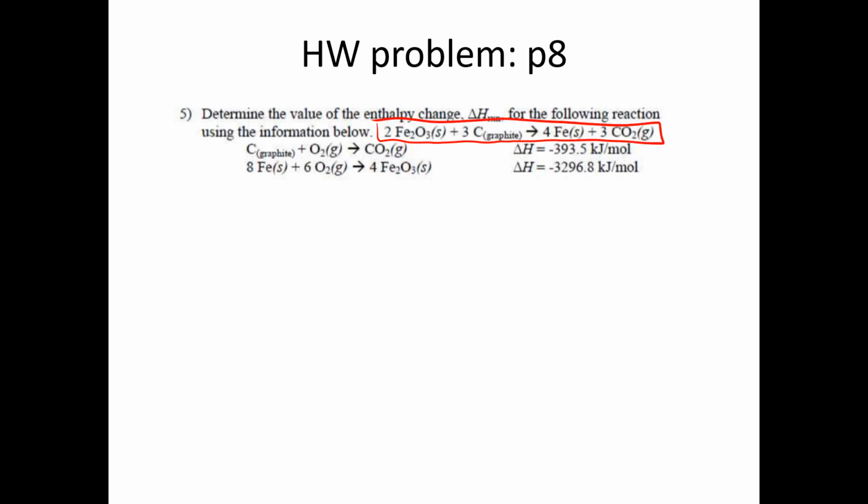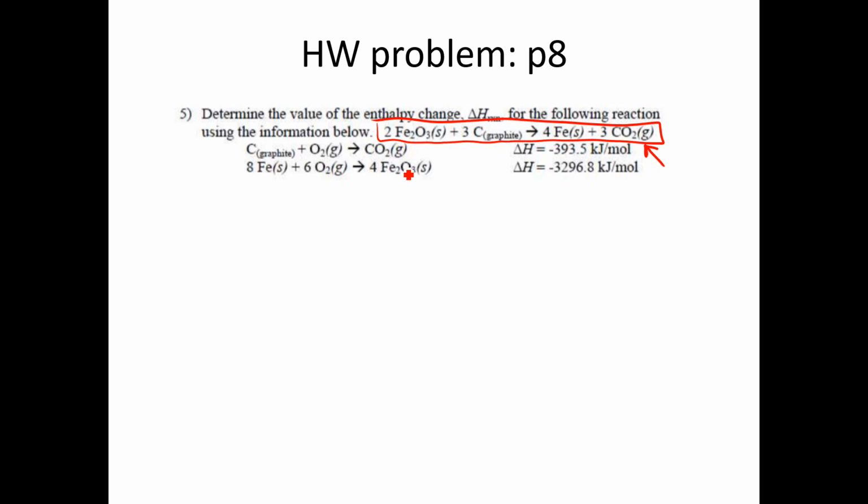There we go. And I want to somehow add these two reactions together, and in the process I might multiply by a coefficient, I might flip them around, but I want to somehow add these two together to make it look like this reaction right up here. So I'm going to focus in on, you want to pick a particular reactant or product to focus in on. So right now what I'm going to look at, what's catching my eye, is the fact that there are 3 CO2s on the product side of my reaction.